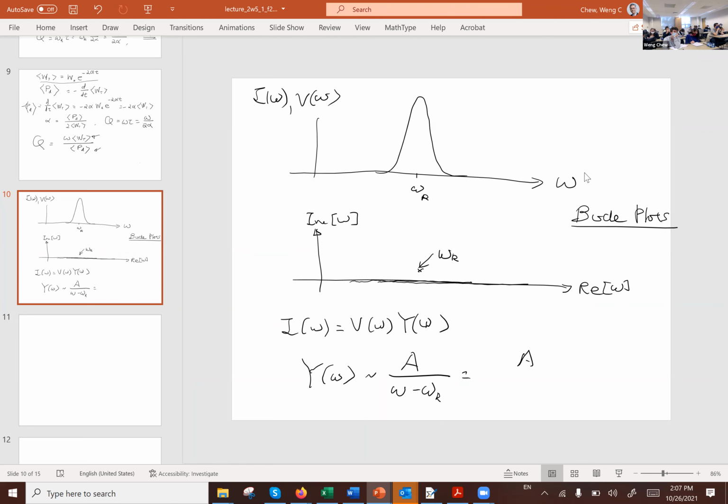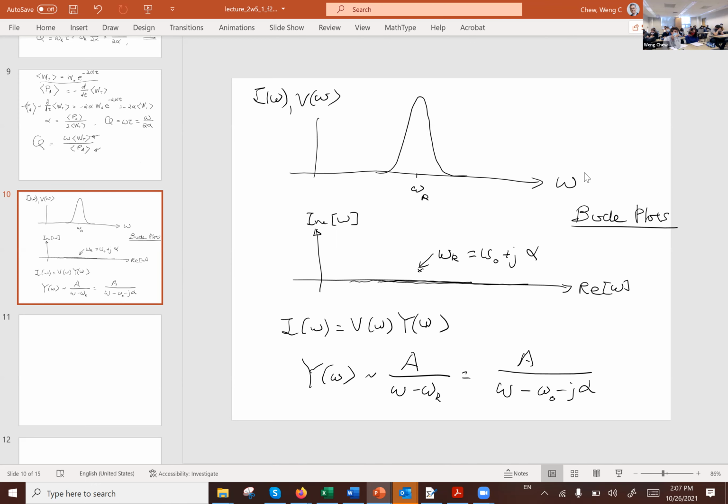You can write it more explicitly if this pole is replaced by this value over here, then this is omega 0. In the laboratory, you always make omega real, because you can only measure with real omega.